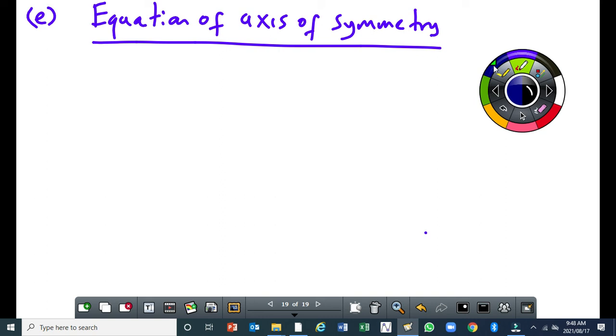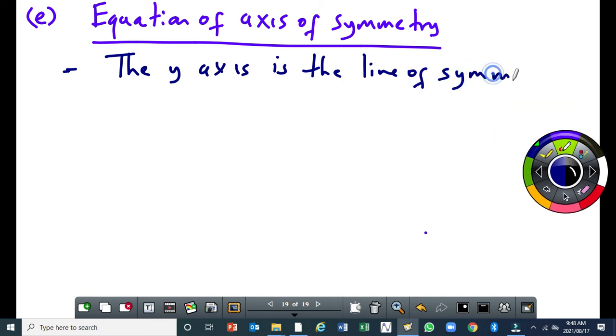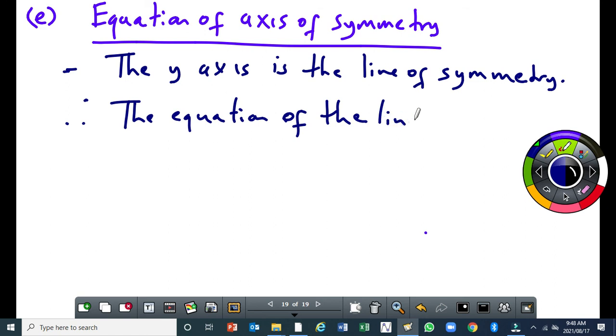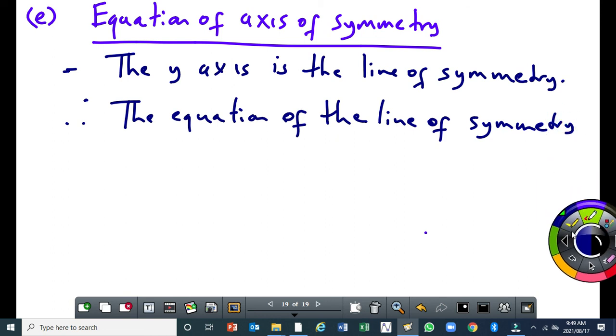So, the y-axis is the line of symmetry. Therefore, the equation of the line of symmetry is going to be x equal to 0.